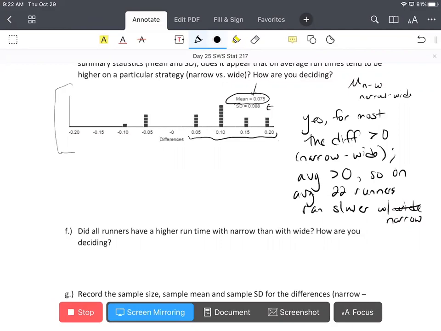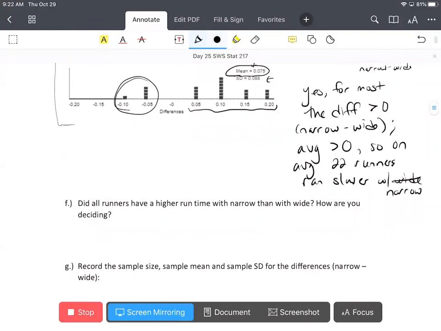Think about it. What would we expect to see if all runners have a higher run time with narrow than wide? Well, hopefully you think, I would not have anything down here. There wouldn't be any. There are a handful of runners for whom the difference is less than 0, meaning the wide run time was higher, but on average, the narrow run time was higher.